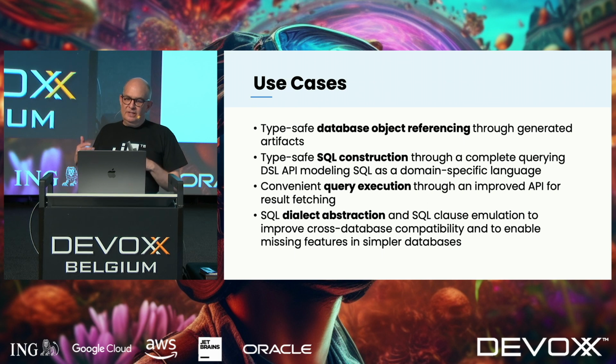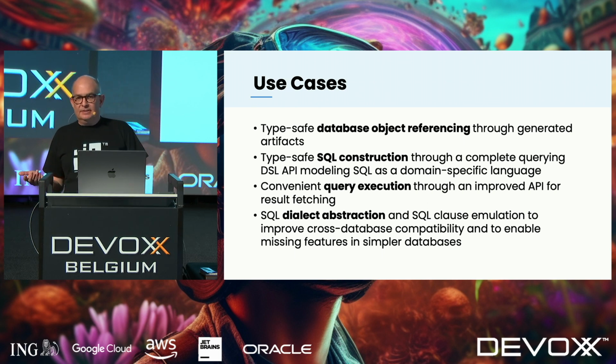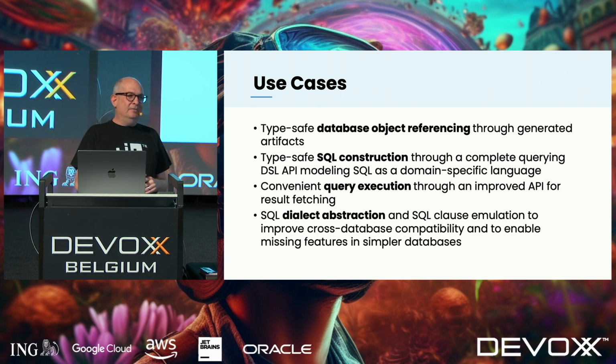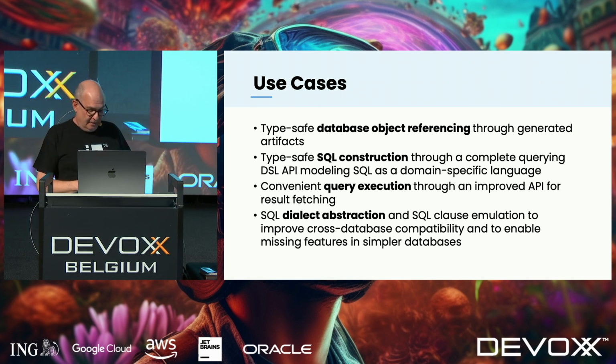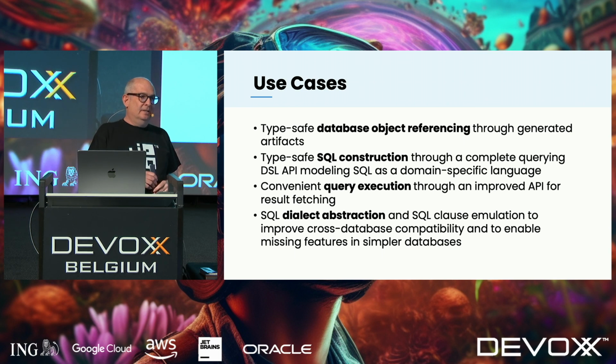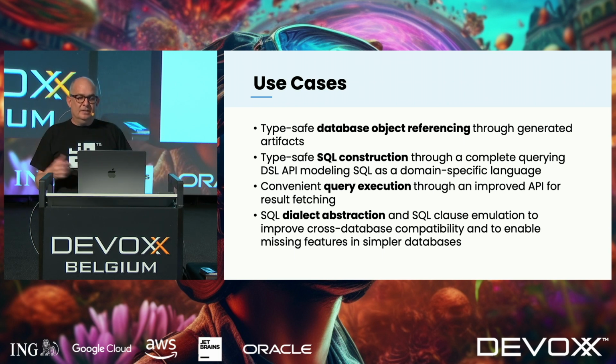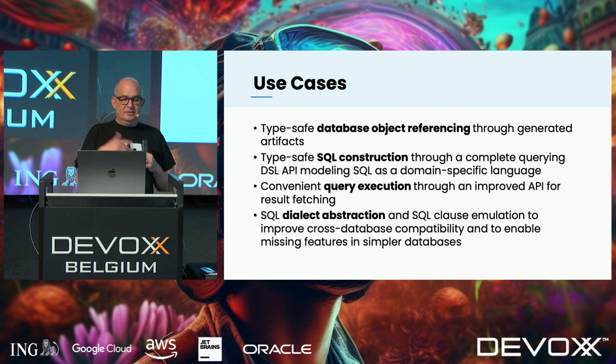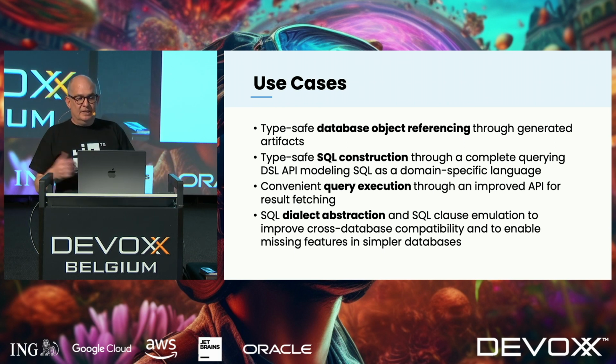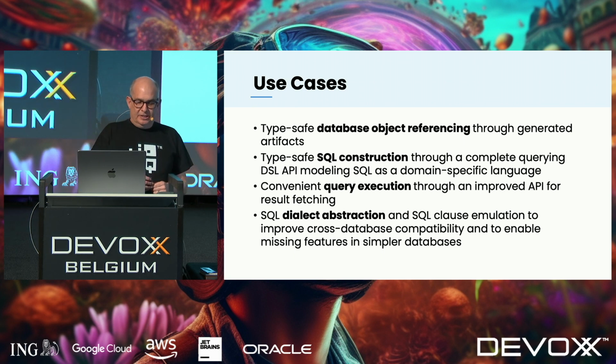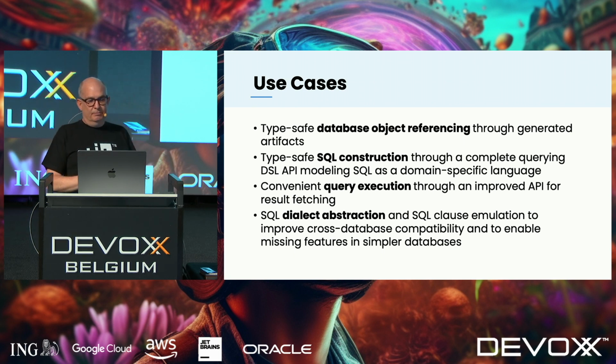That means that you don't have to write SQL in strings. Now we have Java with text blocks, and we already got string templates that may also be used for that kind of job. But the point is, these are still strings. Strings are not compiled, so they are probably checked at runtime and not at compile time. But here we have something that is checked at compile time.